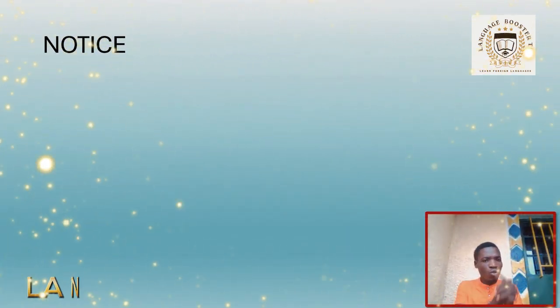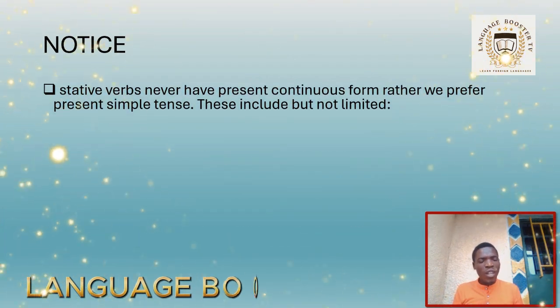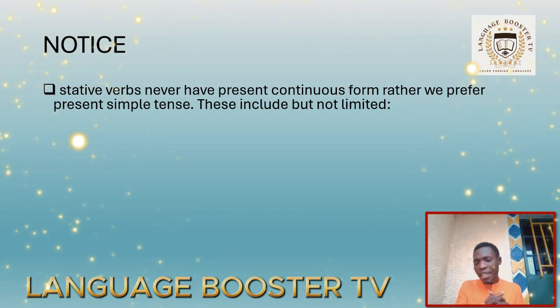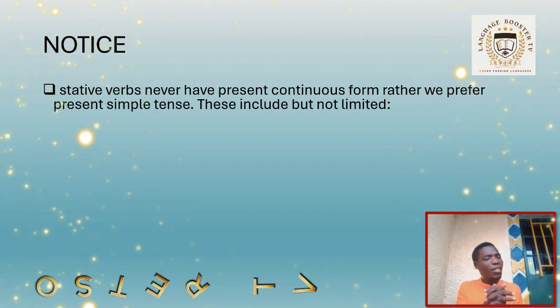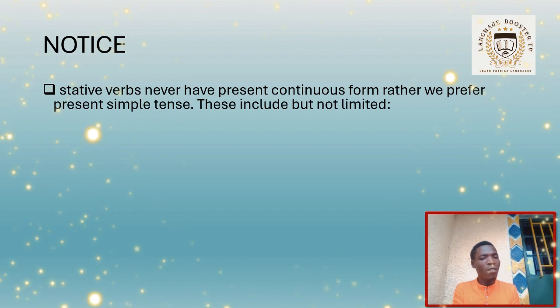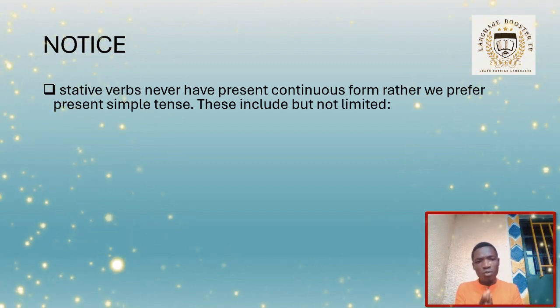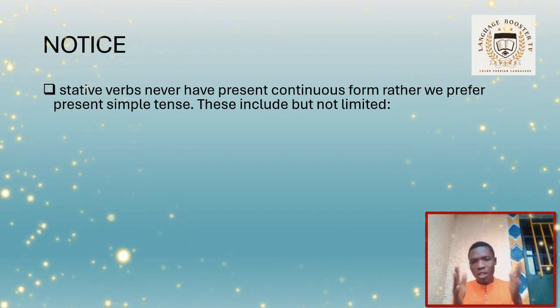You should notice this. Stative verbs, the verbs which explain states, never have the present continuous form. Rather, we prefer to use present simple tense.